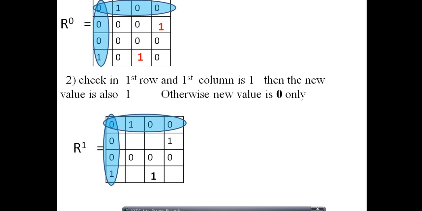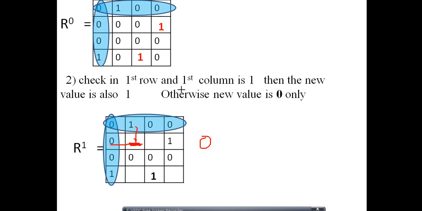Now see here, we have to find this value. How to find it? First column, second column, first row. What is the value? 0 and 1. So the new value is 0 only.